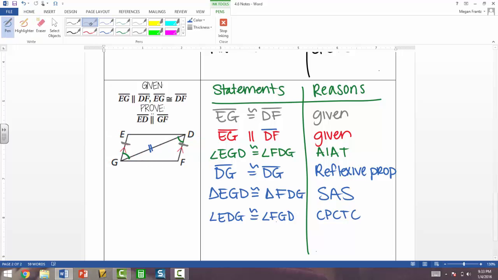Now once I know that these angles here are the same, these two lines have to be parallel by one of our theorems that we haven't used in a very long time, but the converse of alternate interior angle theorem.